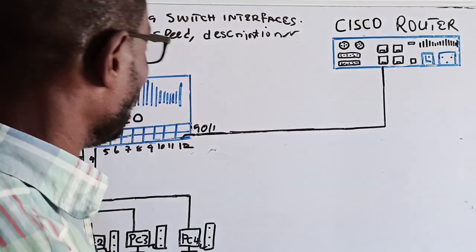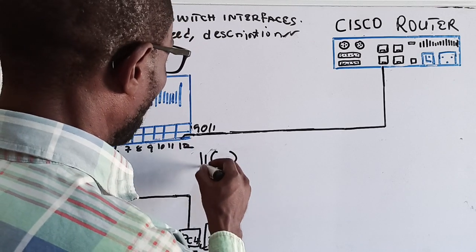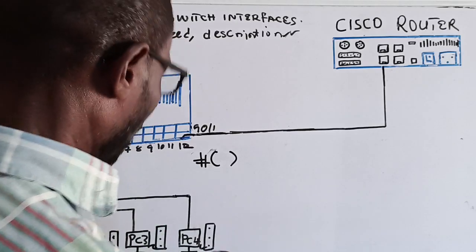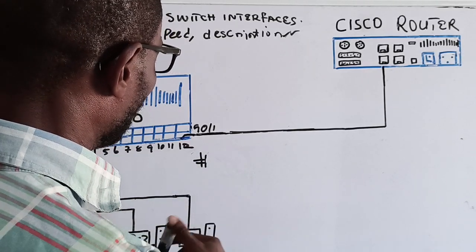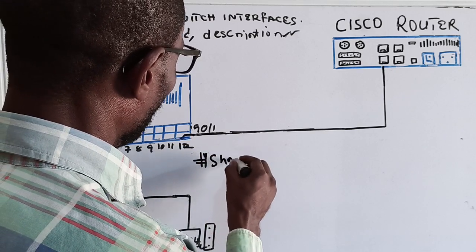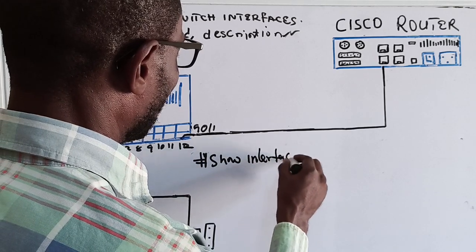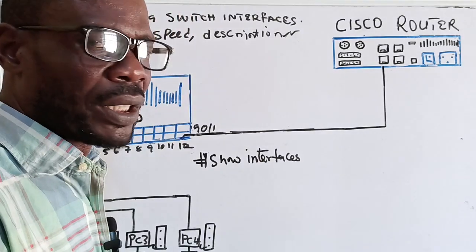What you need to do at global configuration mode, I assume that you know how to come to global configuration mode. But before then, just stay at privilege mode on this switch. You can say show interfaces, and you hit enter.